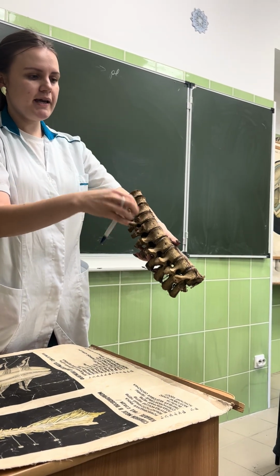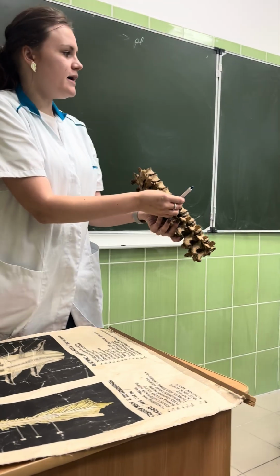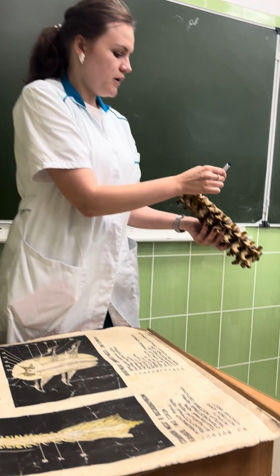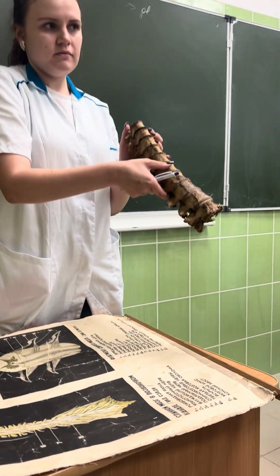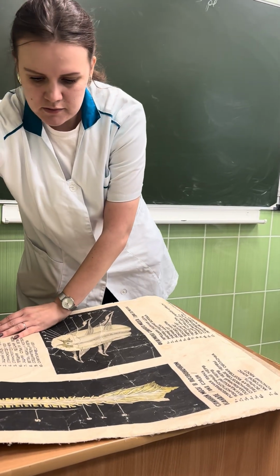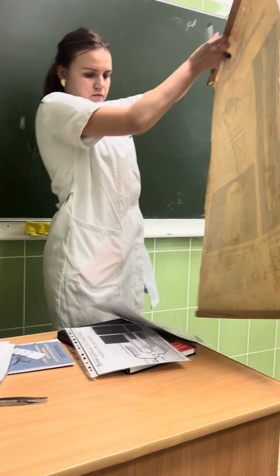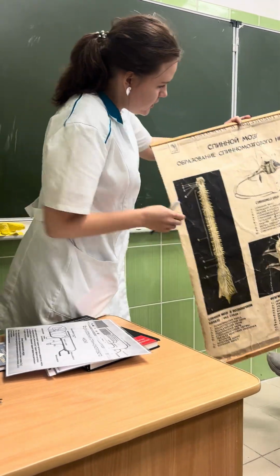In this place the spinal nerve exits. Foramen intervertebrale on two sides. It looks like this.